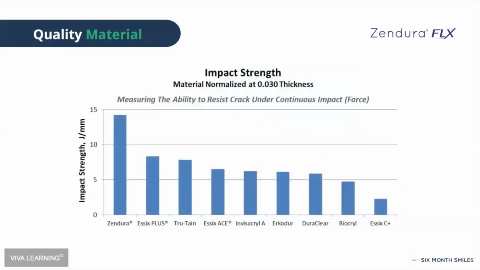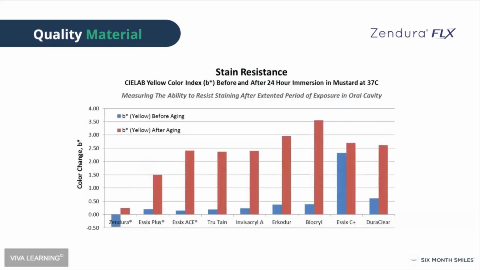So that's great. Also, it's very resistant to cracks, and in fact is the leader in the market on these studies, and also discoloration. Obviously you tell the patient not to eat with aligners on, but undoubtedly there will be some remnants of colorants after the patient has eaten, even if they brush their teeth.